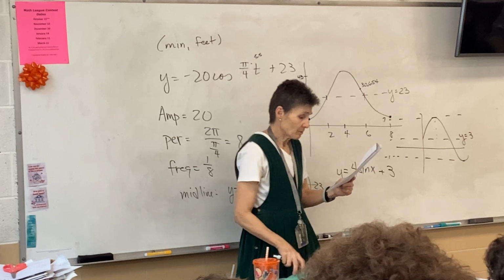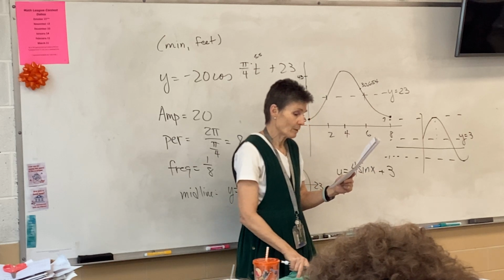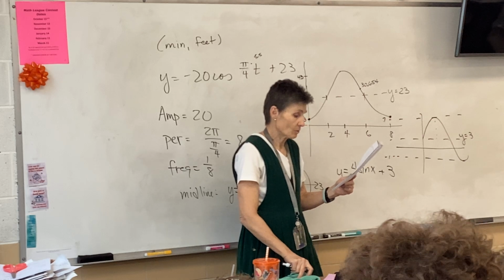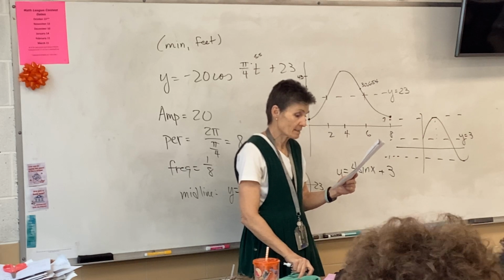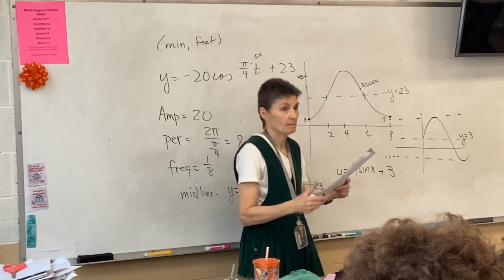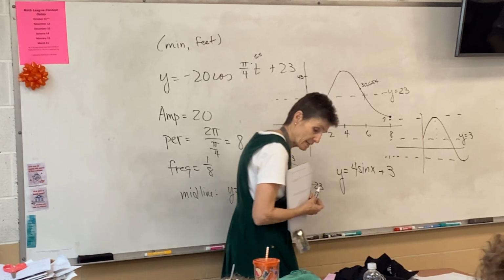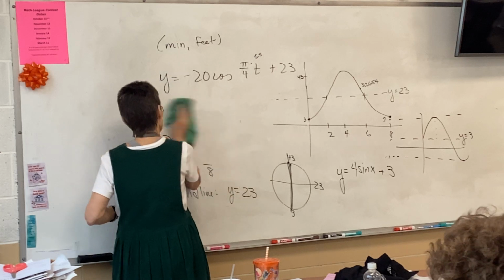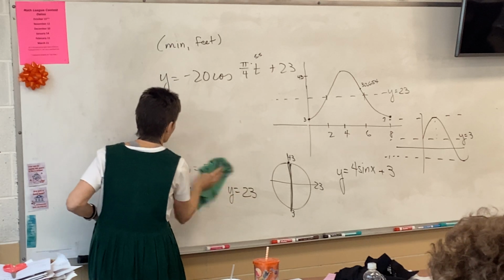All right, an angle in standard position has a measure of 4 radians. The terminal ray of the angle intersects a circle centered at the origin with a radius of 1 at point A. That's a lot, but it's easy. We have a unit circle centered at the origin, radius 1.